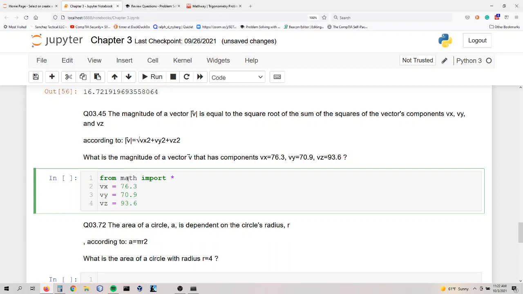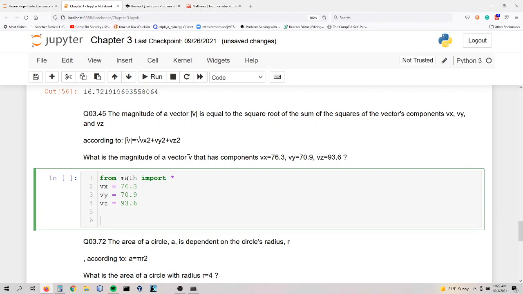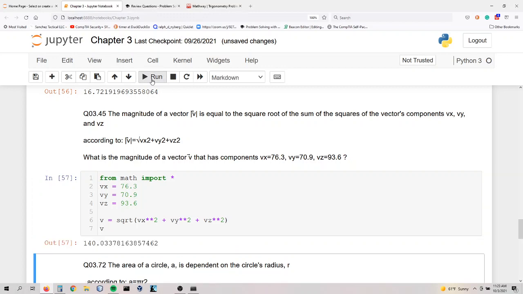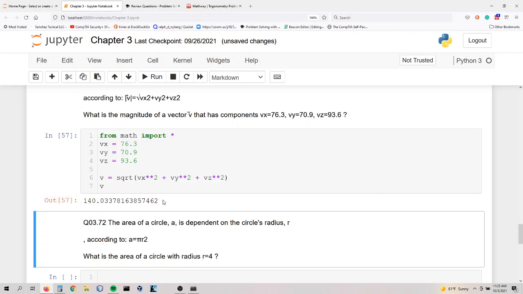We initialize 3 variables to store our values. Then V is equal to sqrt of Vx double star 2, so raised to the second power, plus Vy double star 2 plus Vz double star 2. Then we just hit V to give us the V value. Let's find out what we have. So 140 would be the magnitude of our vector. Beautiful.